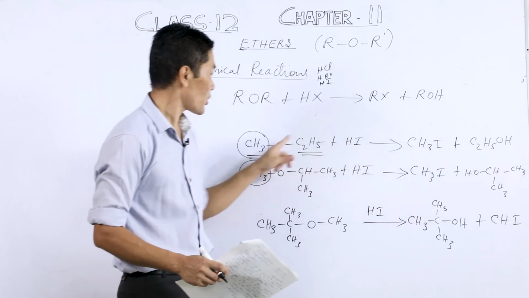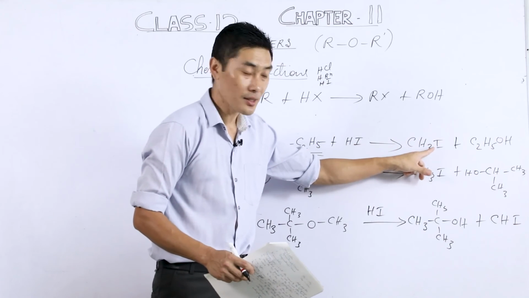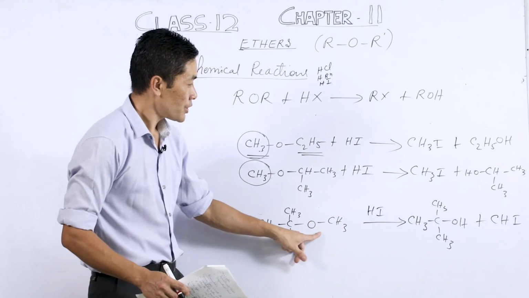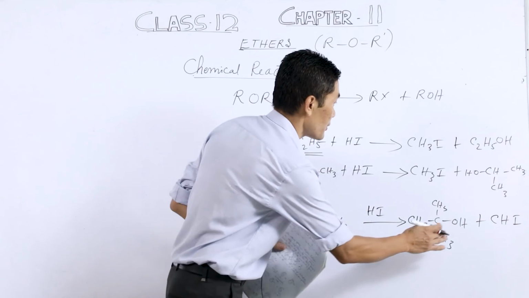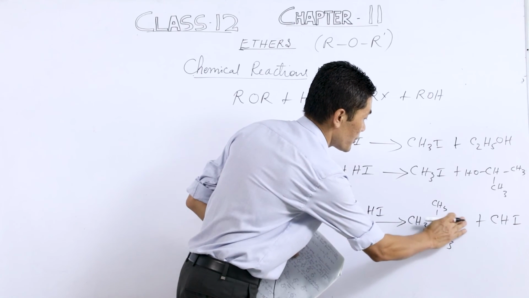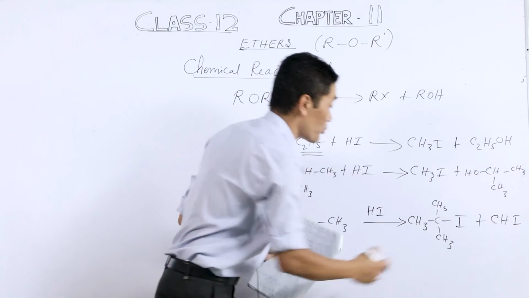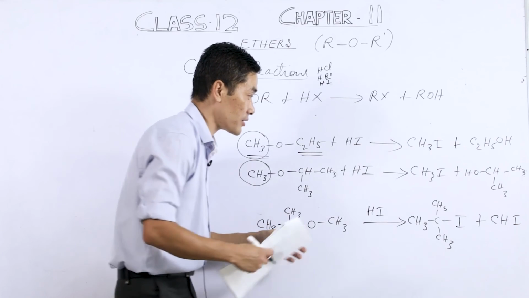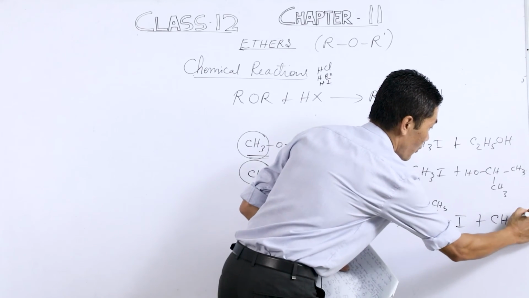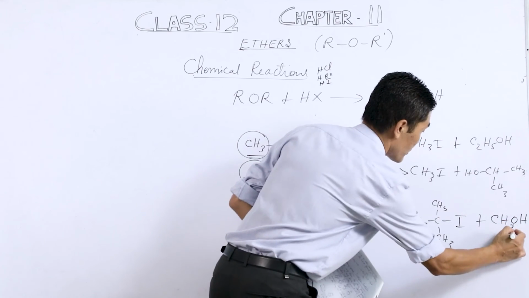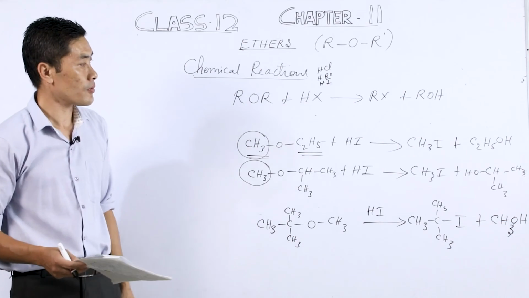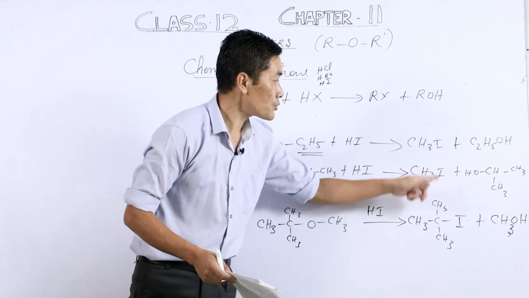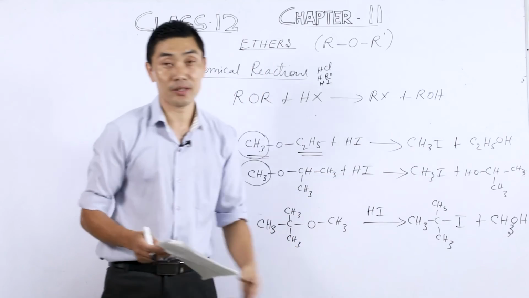That means the smaller group will form the alkyl halide. But in the case of a tertiary alkyl group present on the molecule, the alkyl halide will be formed with the tertiary group. So I will come here, and this should be OH, methanol. So in this case, the alkyl halide is tertiary. In the other two cases, the alkyl halide formed will be primary.